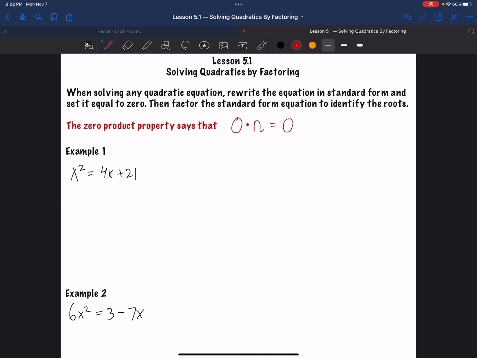This is very useful for factored form because when you have a list of factors, if any one of these factors equals 0, then that helps you solve for the roots, right? Because if you set it equal to 0, then you just need to analyze the factors, and when those are equal to 0, that's going to give you the solutions to the quadratic. So let's see this in action, okay?